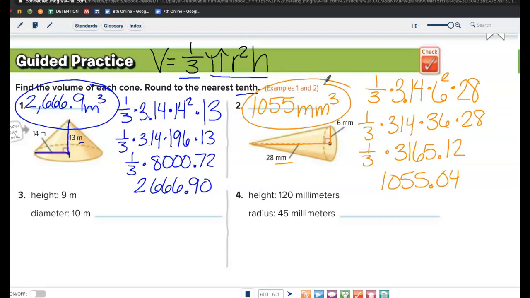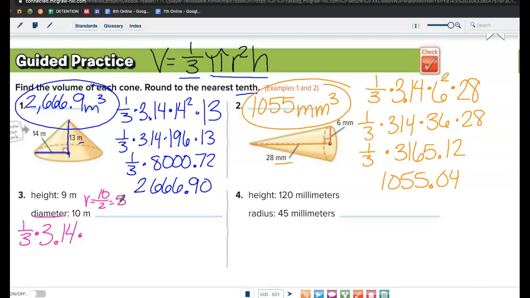Okay, number 3. I'm still going to use 1/3 times 3.14 times my radius. I'm given the diameter though. So since my diameter is 10, I know that my radius is half of that, so 10 divided by 2, which gives me 5.